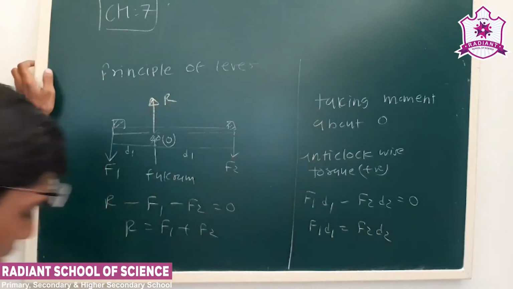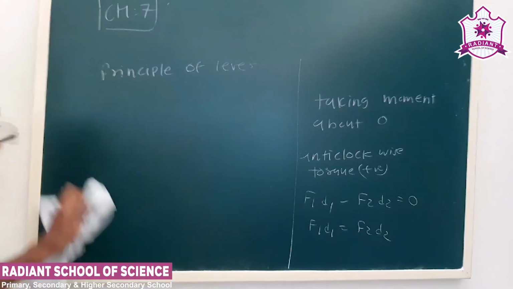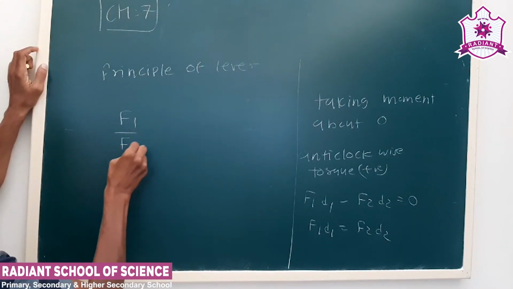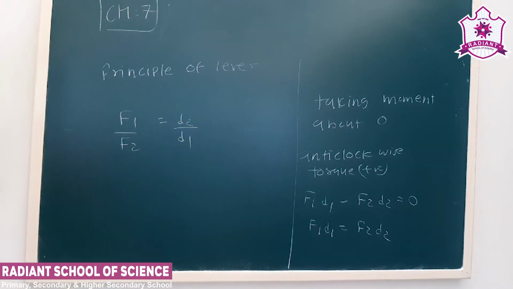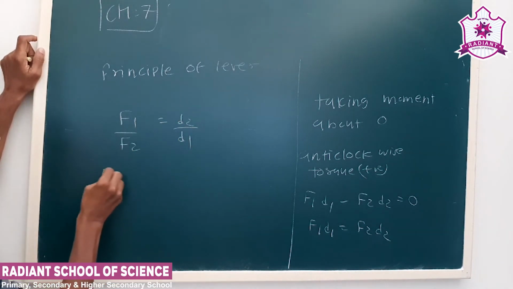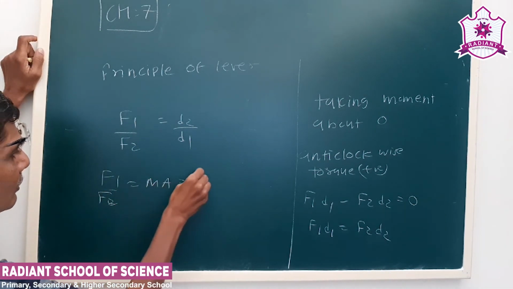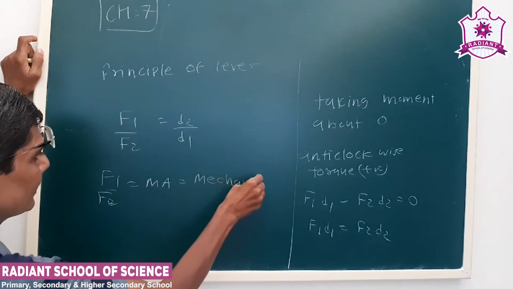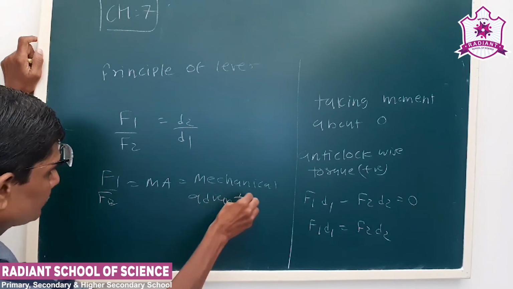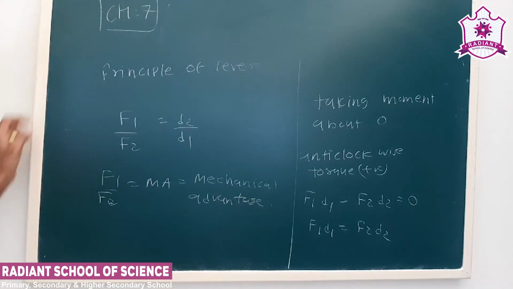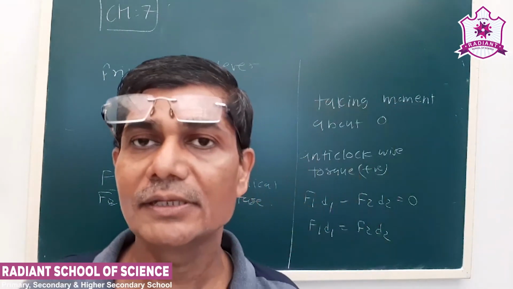Now we can write F1 upon F2 is d2 by d1. In the language of simple machines, this F1 upon F2 is called MA, or mechanical advantage. Now what is mechanical advantage? We have studied earlier, what is the aim of a simple machine?